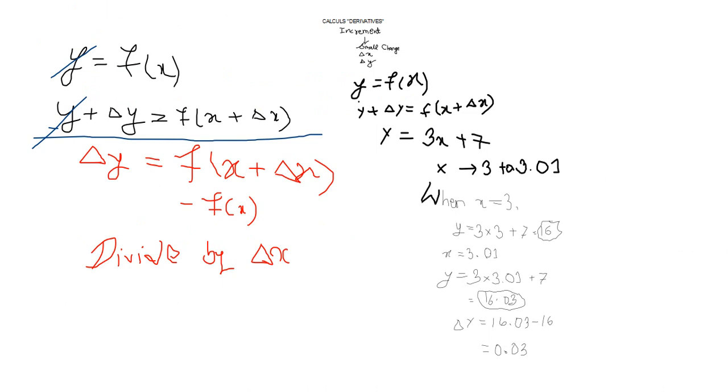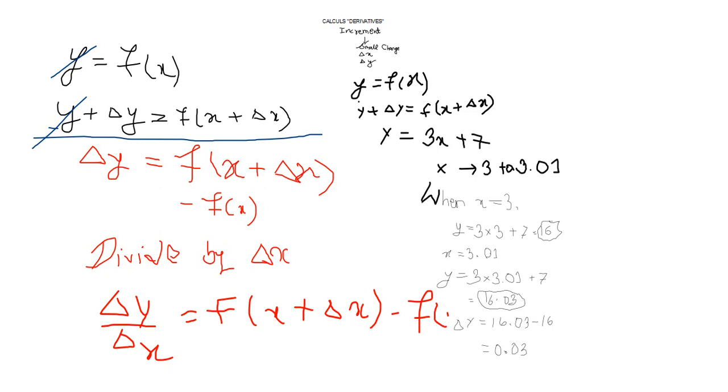Dividing by del x, we get del y over del x equals f(x plus del x) minus f(x) over del x. So this is what we got from this.